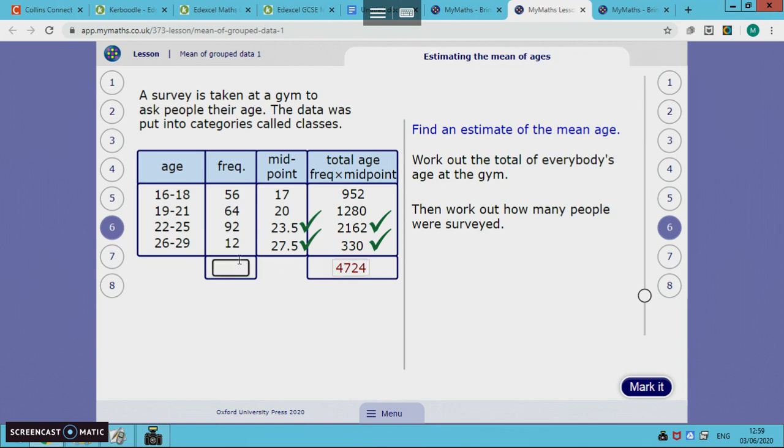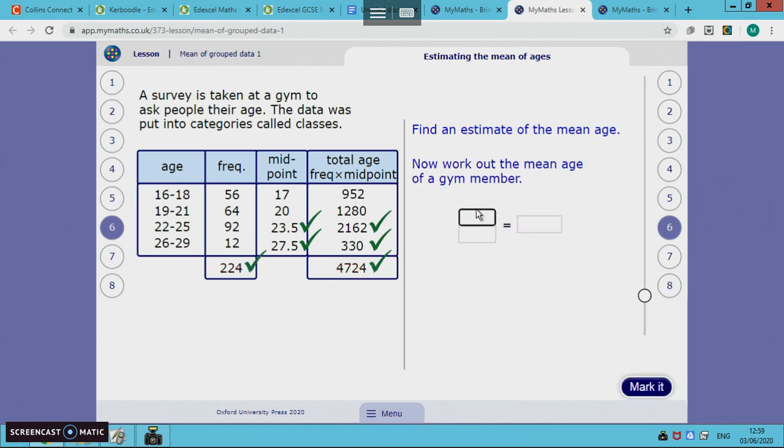And the total frequency, 56, add 64, add 92, add 12, is 224. Lovely. So our estimate of the mean would be 4724 divided by 224, which would give us 21.1 to one decimal place if we're rounding.